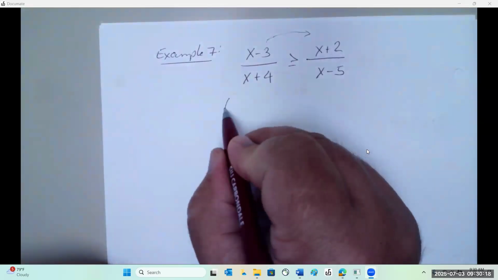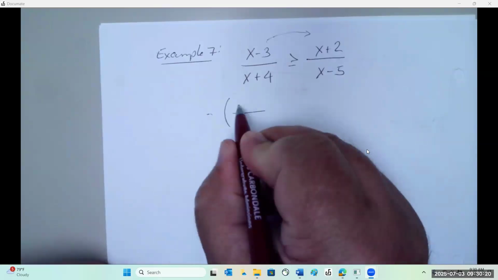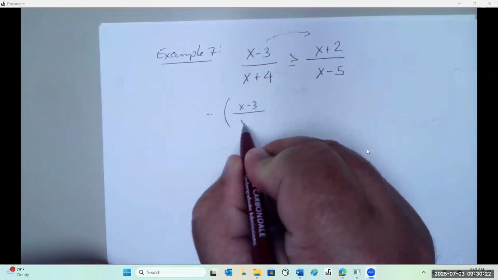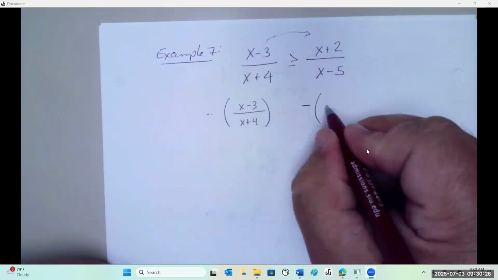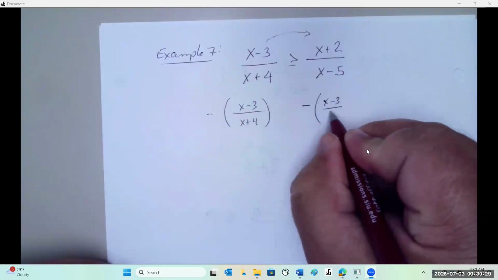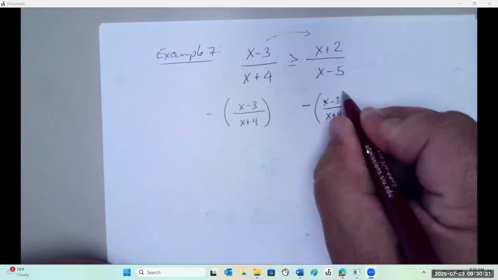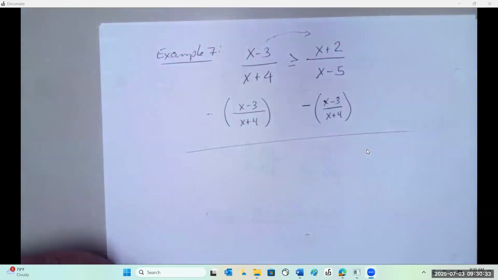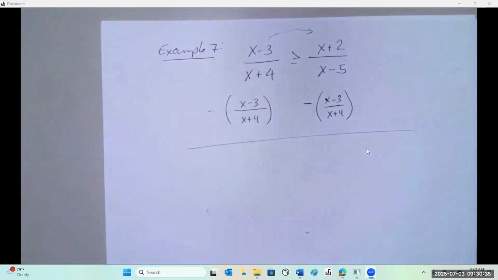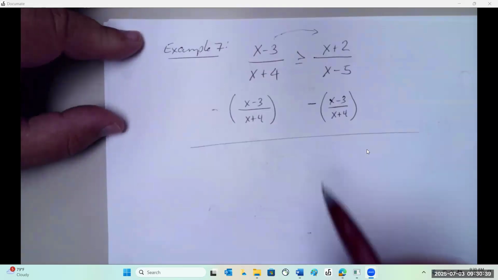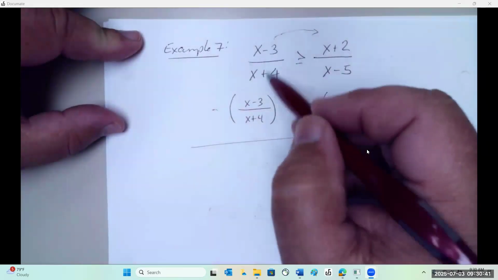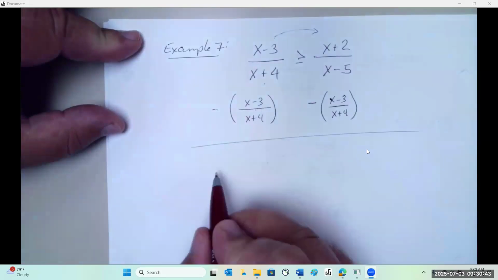That means we have to subtract x minus 3 over x plus 4 from both sides, because we're moving the entire rational expression. x minus 3 over x plus 4 minus itself becomes a 0.